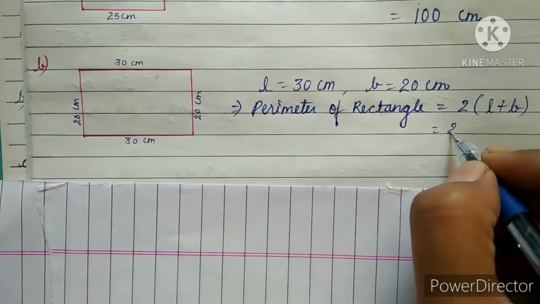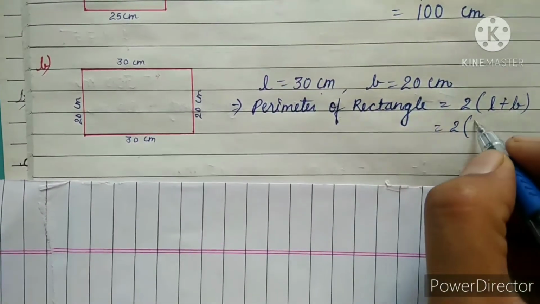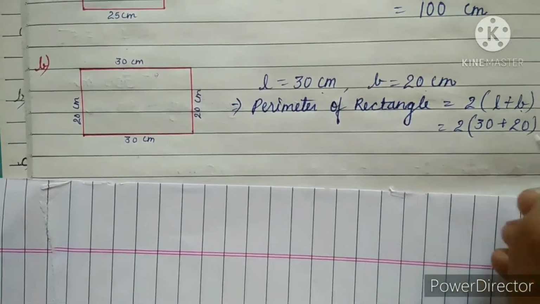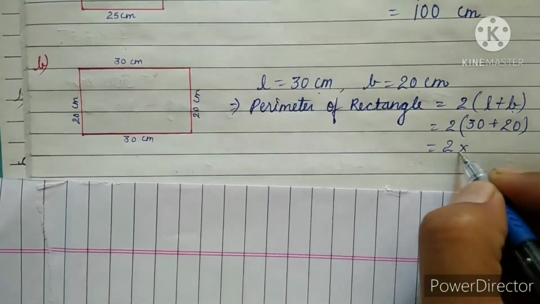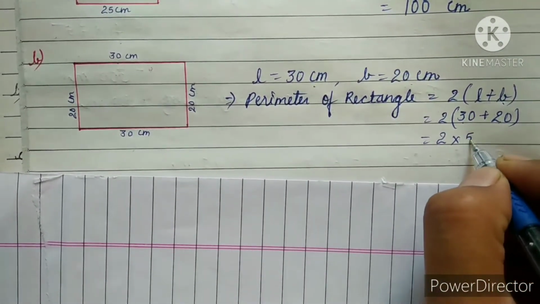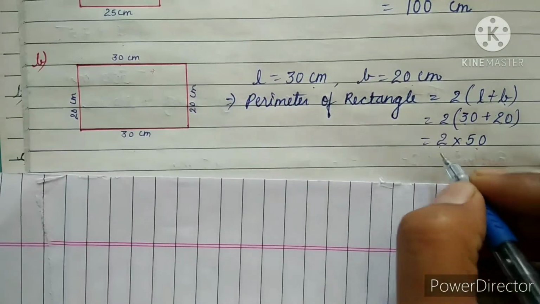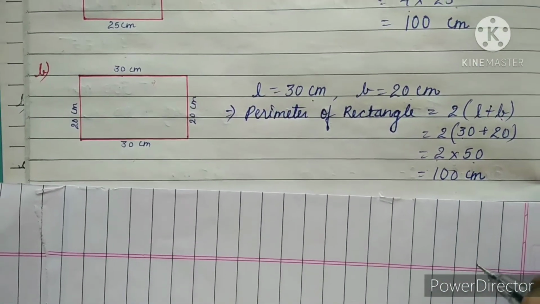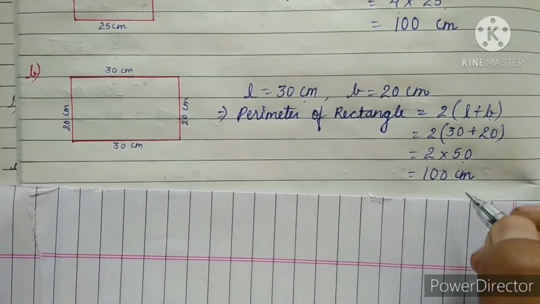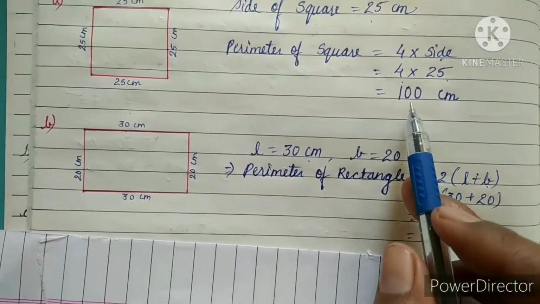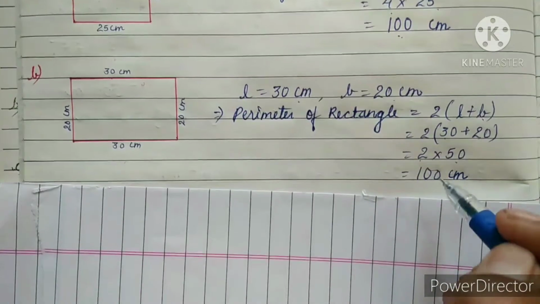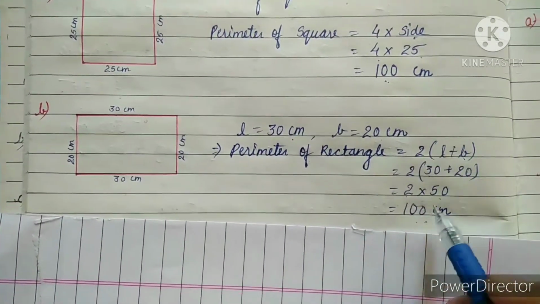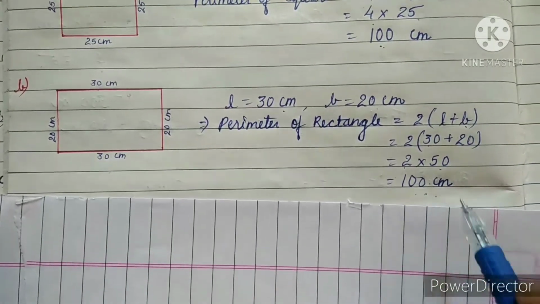So here 2, length is 30 and breadth is 20. 2 will multiply by 30 plus 20 is 50. So 50 into 2 is 100 centimeter. Again we got the same answer as the first one, 100, having the same unit centimeter.